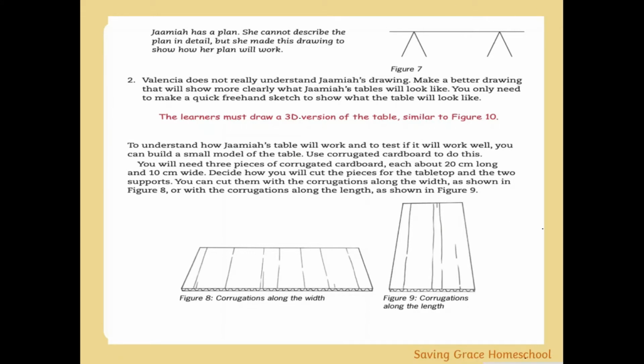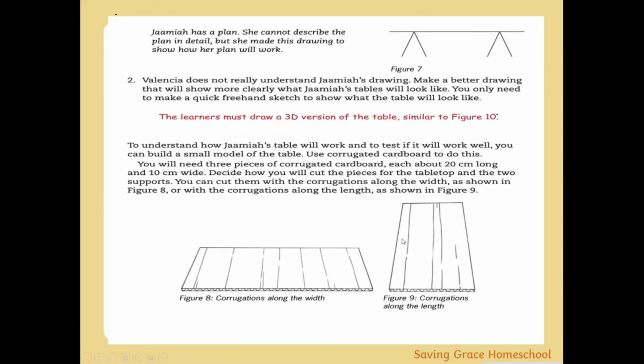So for this one, if you've got this three-dimensional structure where you more or less have a bend in the cardboard here, make sure that the corrugations are at the right orientation, so that it'll bend easily at this point here, but that the table, which needs to support loads coming from the top down, will not bend easily. If you've got the corrugations along the width like we're showing here in figure 8, it'll make a clean bend along this direction.